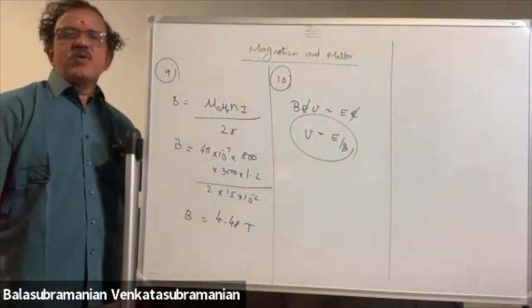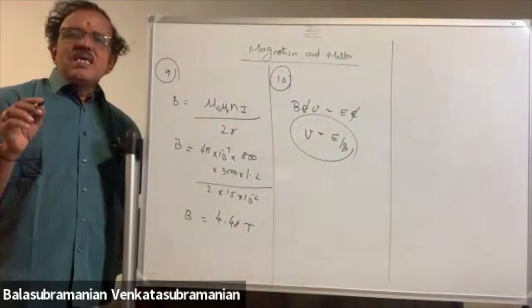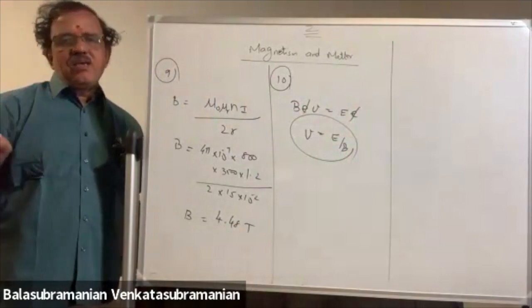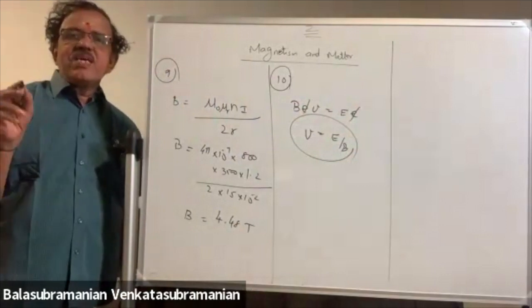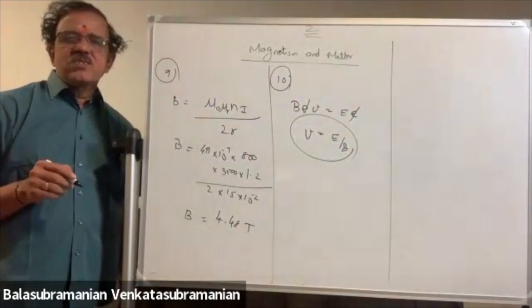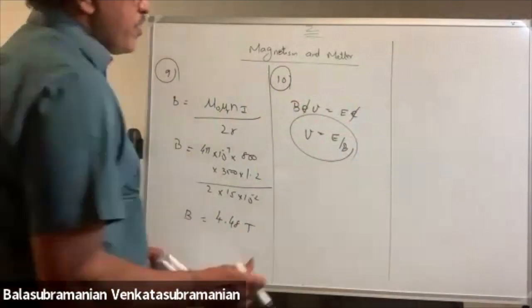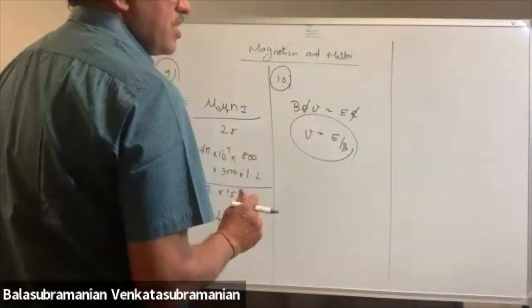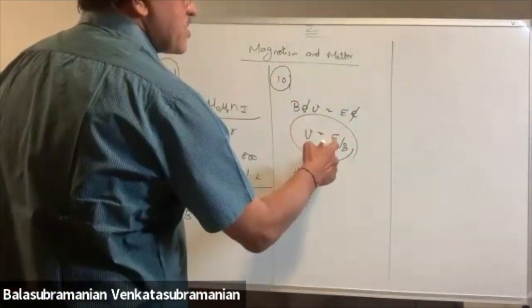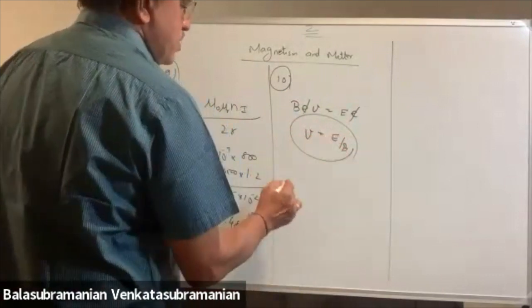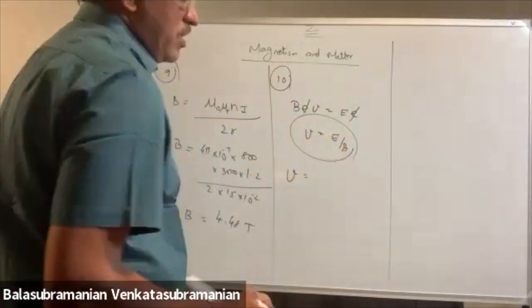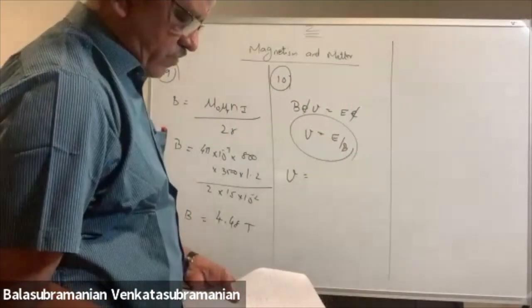Electric field versus potential difference formula, E is equal to V by d. Capital V is nothing but potential difference, small v is nothing but velocity. Simplifying, this is the velocity.